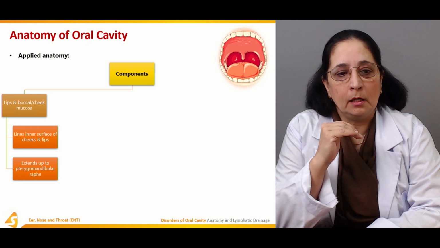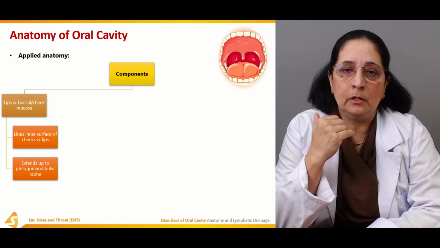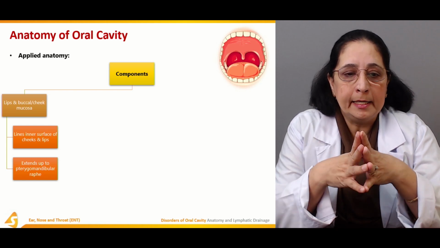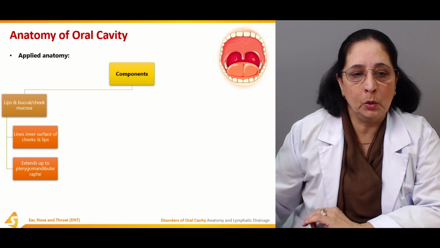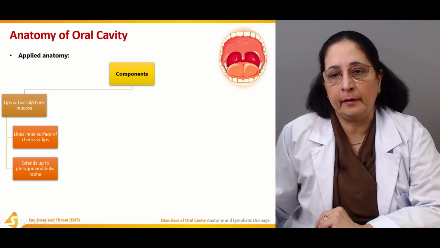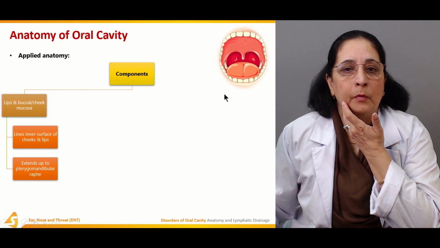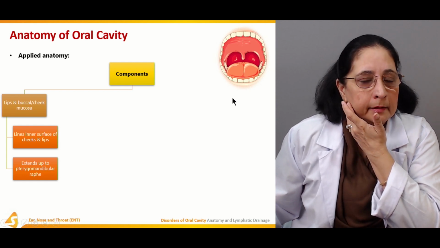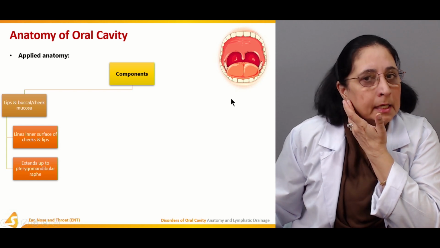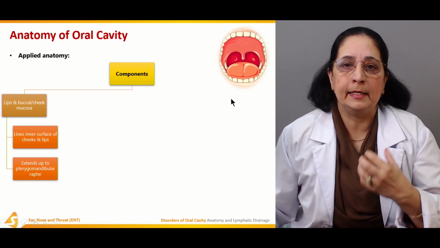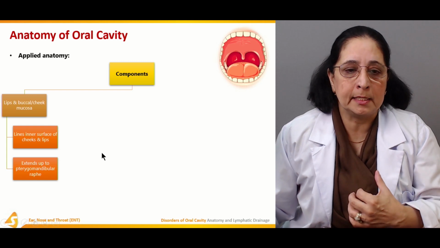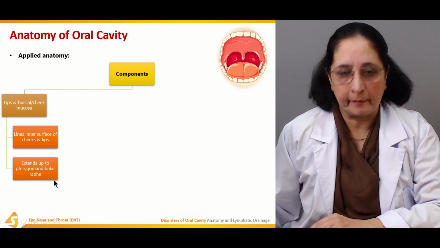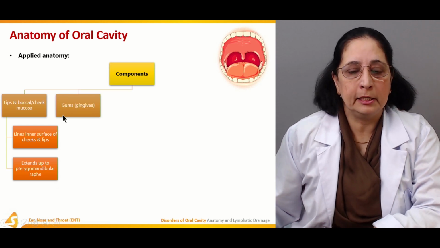This mucosa of the oral cavity, or the mucosa that lines the lips and the cheek, extends up to the pterygomandibular raphe. Here we have this lower jawbone, which is the mandible. So this is the mandibular ramus, and then on the back the pterygoid plate and the mandible are present. So it extends to the pterygomandibular raphe.